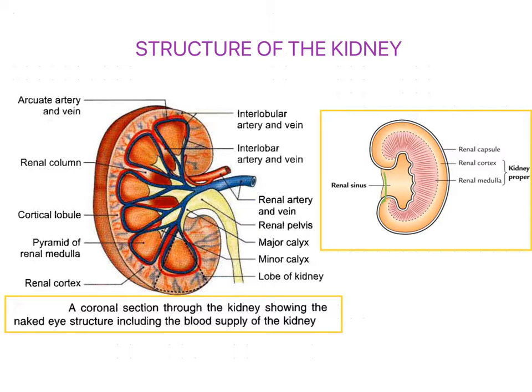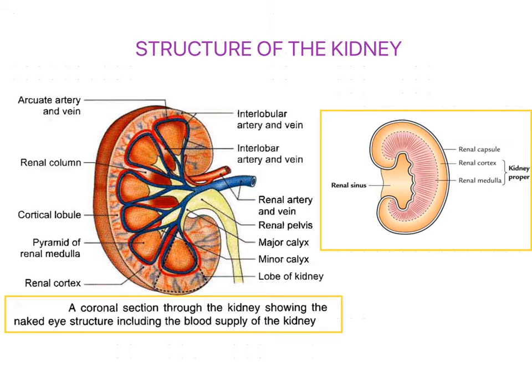Most anteriorly is the renal vein, and then the renal artery. Behind this we can find the renal pelvis, which is nothing but the expanded part of the ureter.